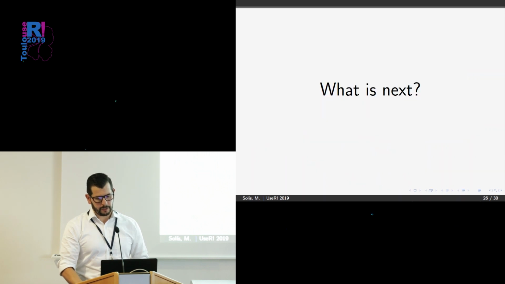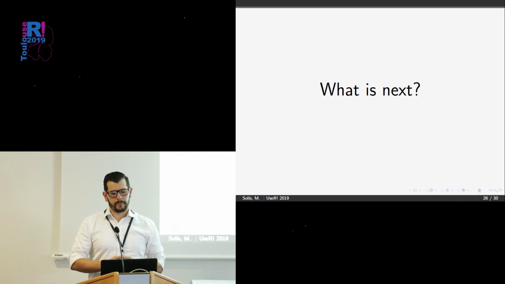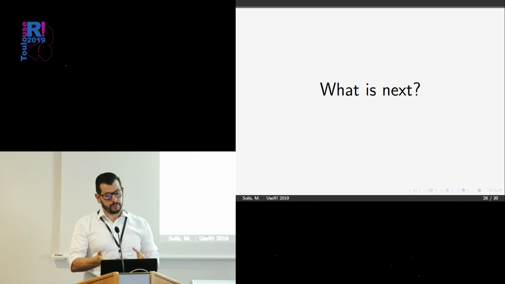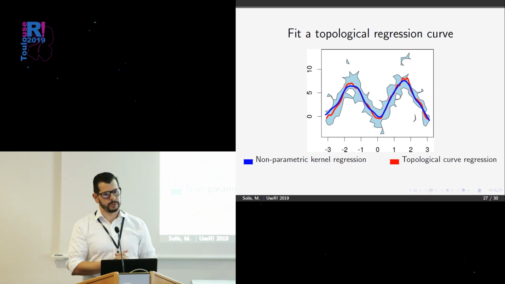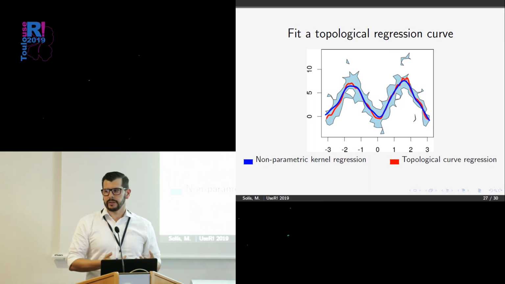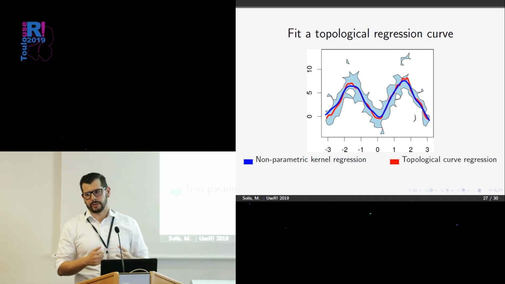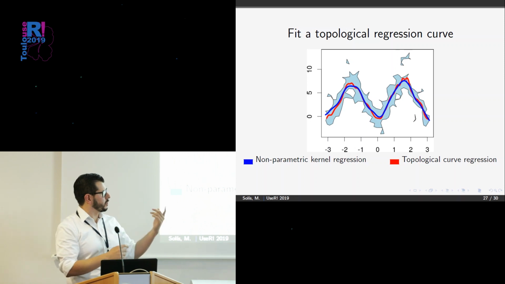So what is next? Because this is the package, I'm trying to finish the package. In fact, as a side result, I find that it's possible to create a regression curve using exactly the same object, the complex, using the F package.